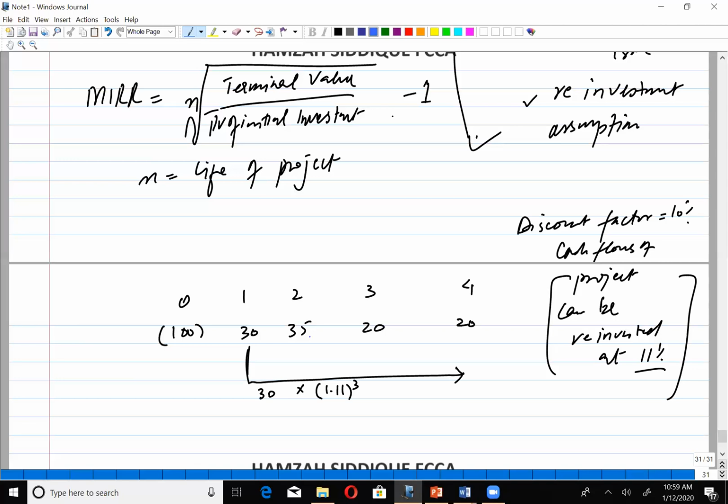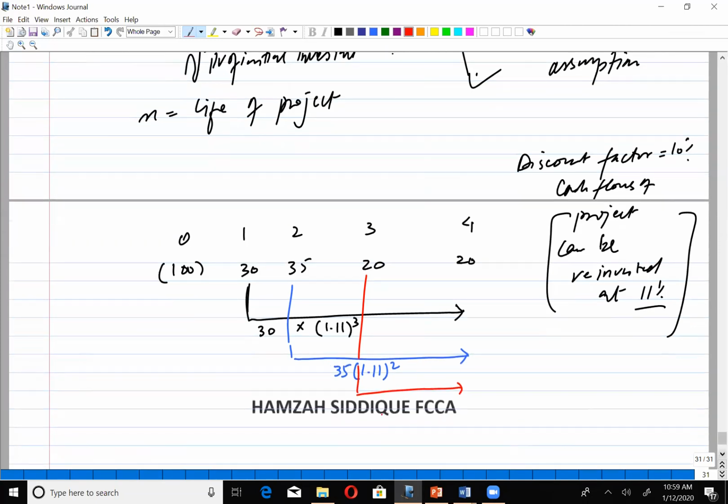Second, it will be invested for 2 years till the end of the project, 1.11 raised to power 2. And it will be invested for 1 year, 20 into 1.11 raised to power 1.